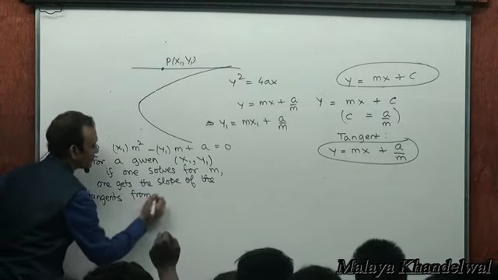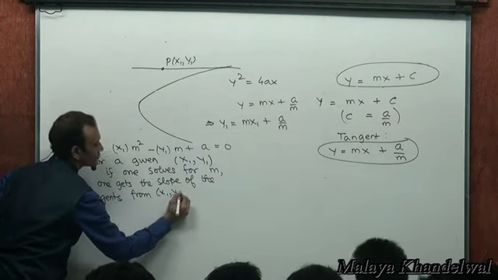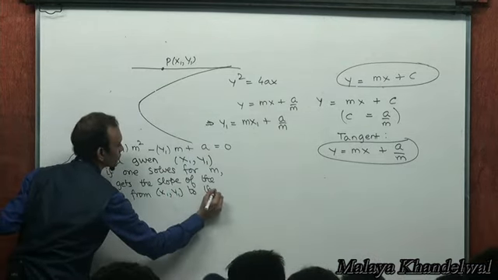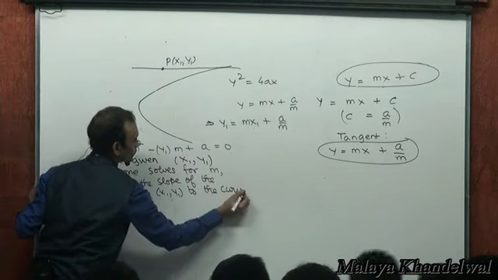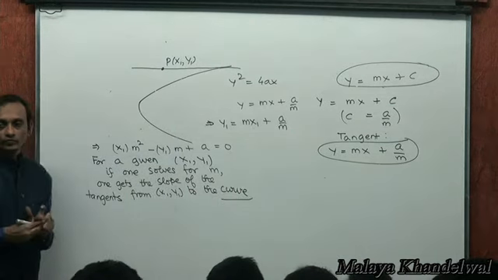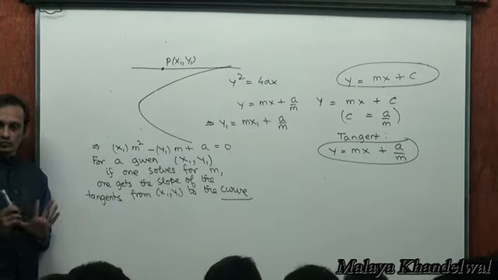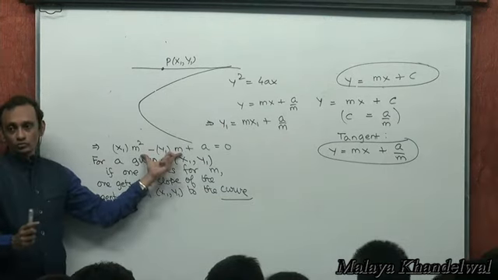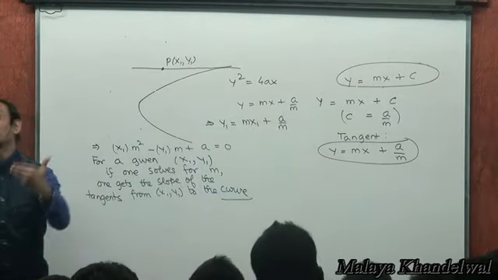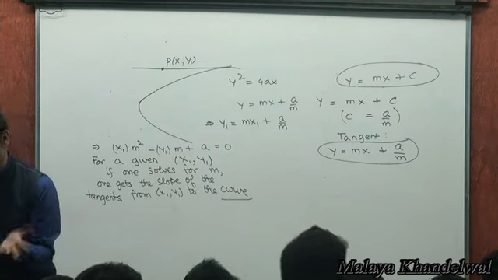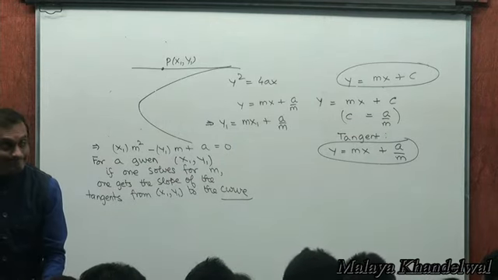If you solve this quadratic in m, you get the slope of the tangent drawn from x1, y1 to the curve. Yes or no?